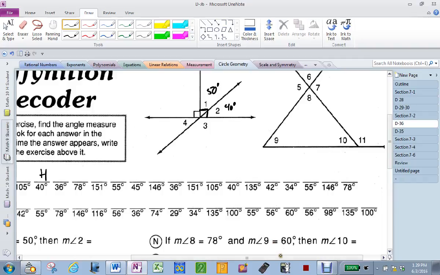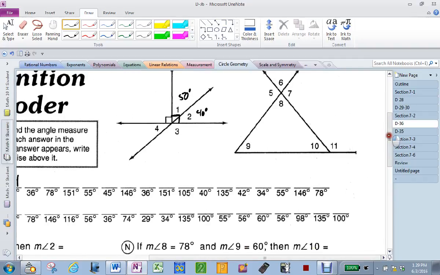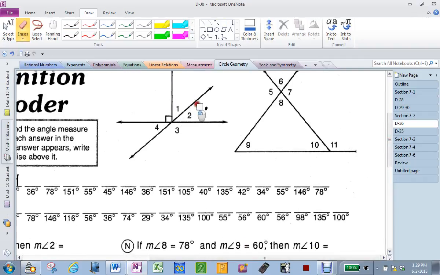Now, let's do one on the other side. We'll do N. If angle 8 is 78, right here, and angle 9 is 60, then how big is 10? Doesn't that make a triangle? So how do you find 10? 180 minus 78 minus 60.